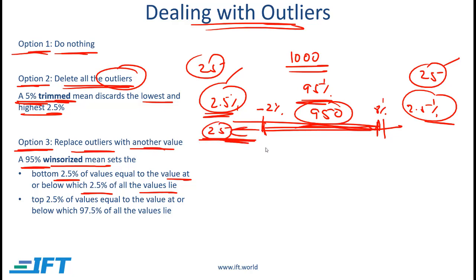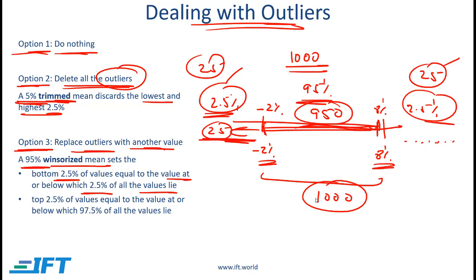All these returns will be set to -2%, and we have 25 stocks with a return greater than 8%. For these 25 stocks, we will set the return value to 8%. Then we will calculate the overall mean, and notice that in this case, we will consider 1,000 data points. It's just that we have removed the impact of numbers that are too high and numbers that are too low.